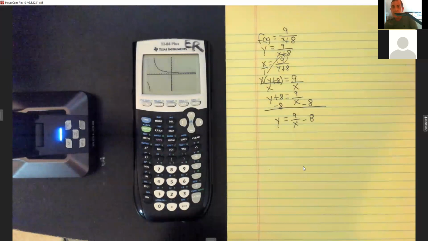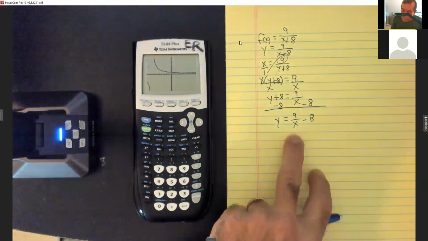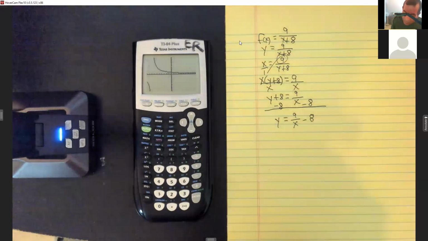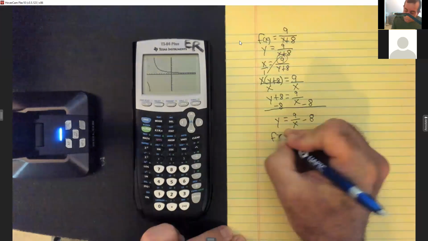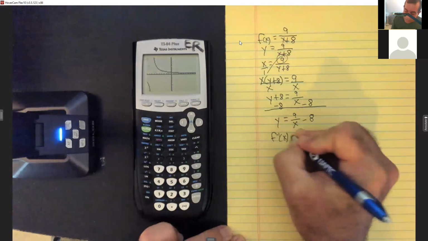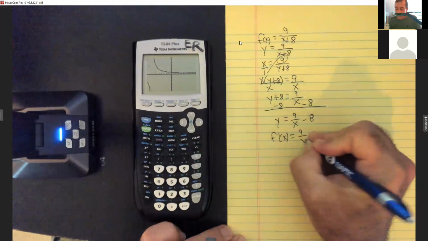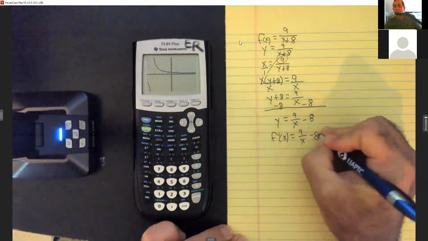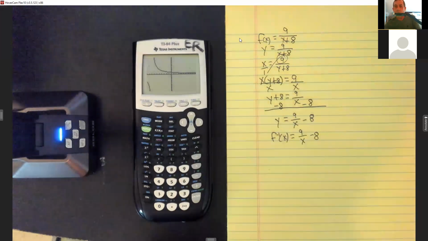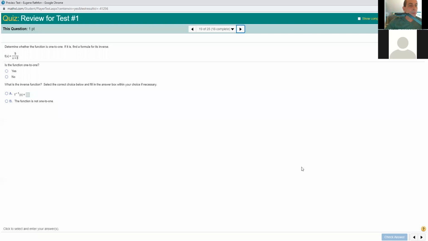So I need to put this in, and then remember, my last step will be to replace the y with the f inverse of x notation and put in my 9 over x minus 8. Y'all think they give me the f negative 1 of x. Let's see. And we just got to put in the last part.